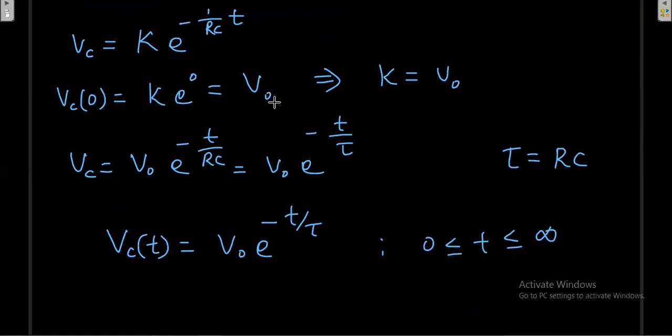So K is equal to V naught. Replacing K with V naught, we get Vc is equal to V naught e power minus t by RC. This RC I can replace with tau, because tau is equal to RC. So finally we got the voltage across the capacitor as Vc(t) equals V naught e power minus t by tau.